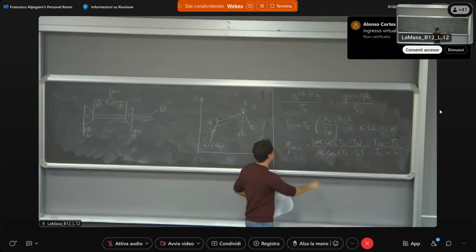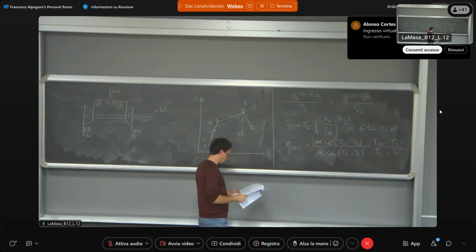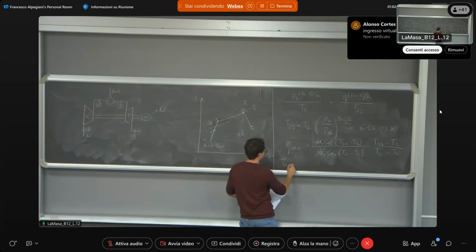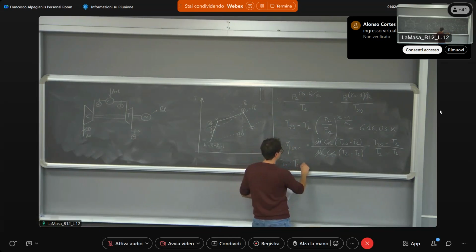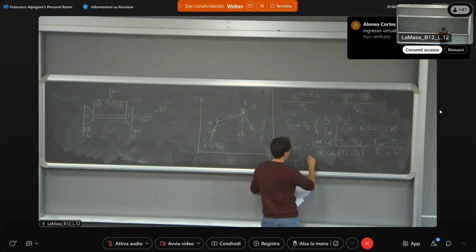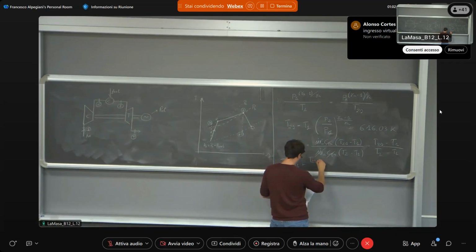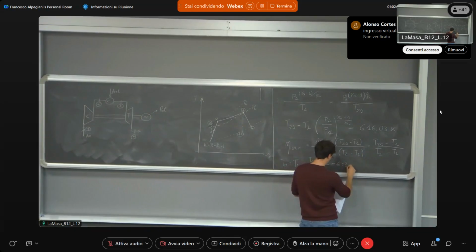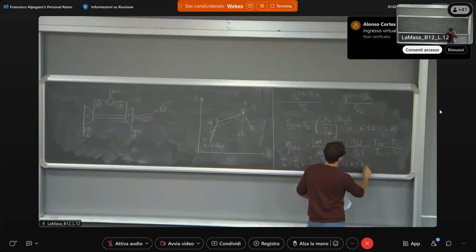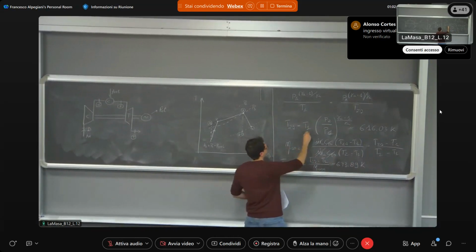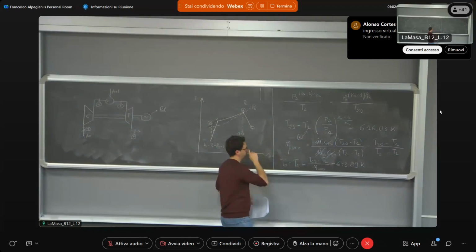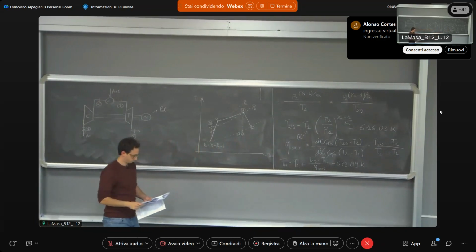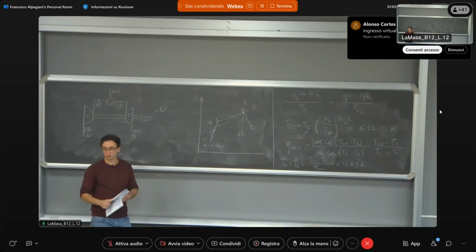And reversing this formula, we can find T2, which I write here: T2 will be equal to T1 plus T2s minus T1 divided by the isentropic efficiency of the compressor, and it comes equal to 673.89 Kelvin. Be careful to use in this formula the correct unit of measure, which is Kelvin. Are there questions about this?